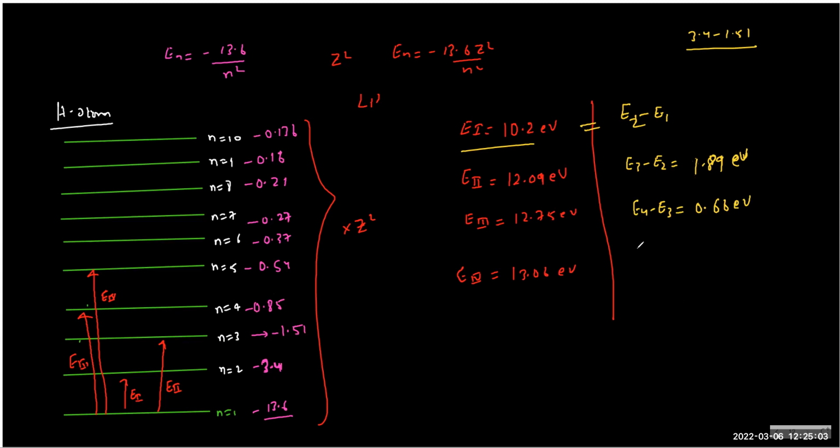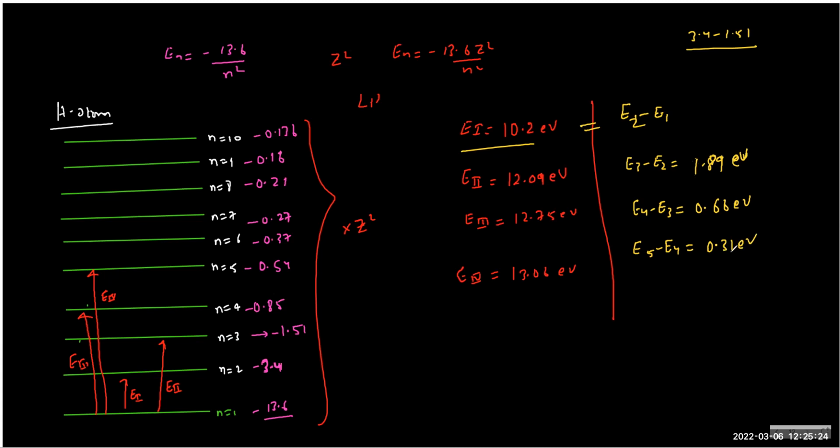Yes, sir. And the last answer is E5 minus E4. How much? 0.31. Okay.